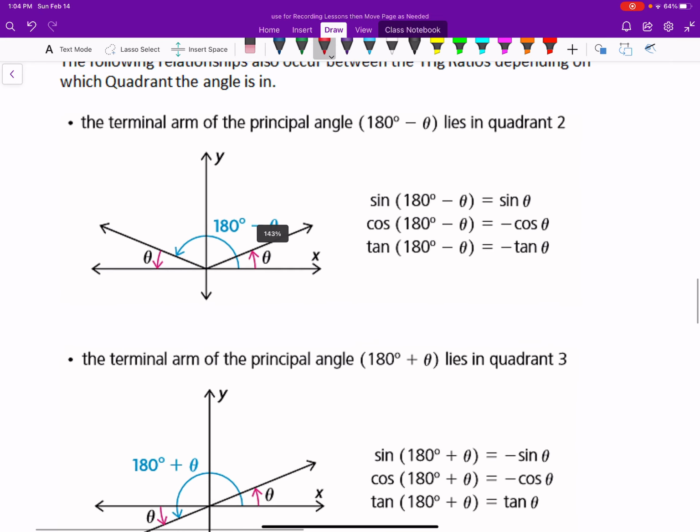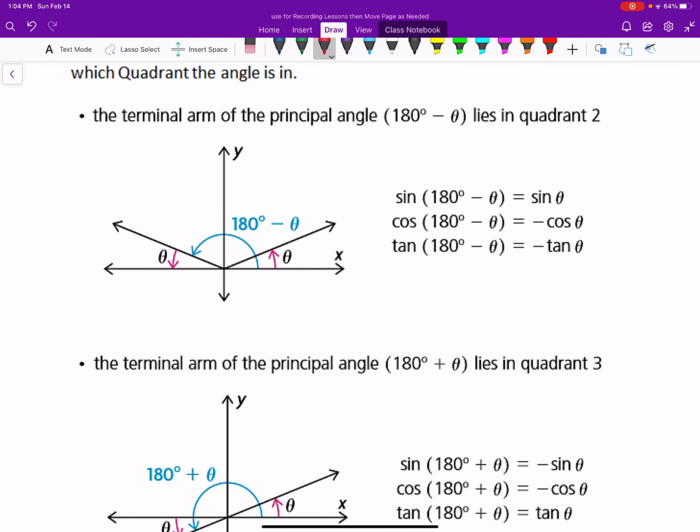They're trying to point out that there's certain connections. Sine, because it's measured on the y-axis, is always opposite over hypotenuse. So let's make this into a triangle. Just pretend that it stops here. So sine is opposite over hypotenuse, and cos is adjacent over hypotenuse.